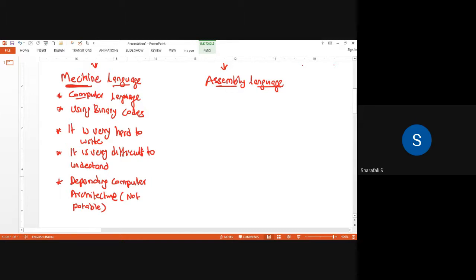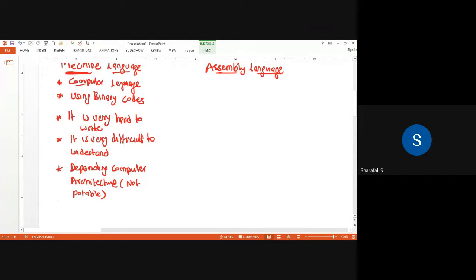Okay, and one advantage of machine language is that it is very fast, because the computer can directly execute the instructions for operations.